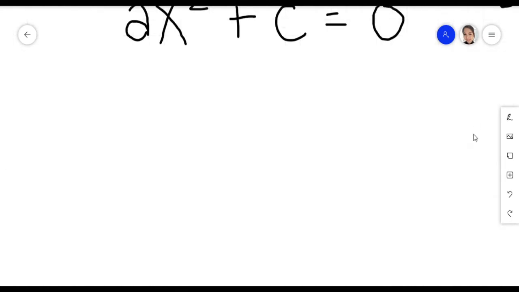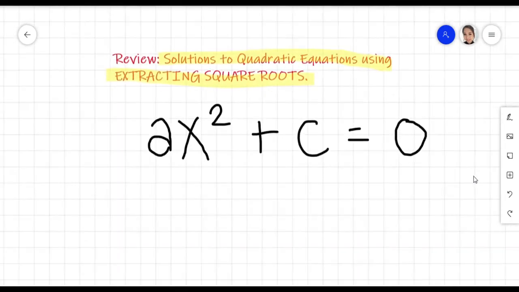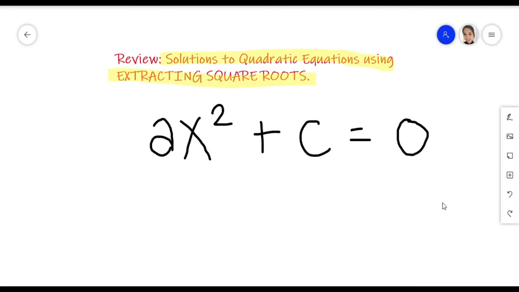The lesson that we had last time was all about solutions to quadratic equations using extracting square roots. As a review, extracting square roots is only applicable to quadratic equations where there is no linear term.